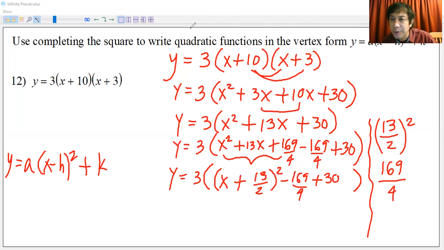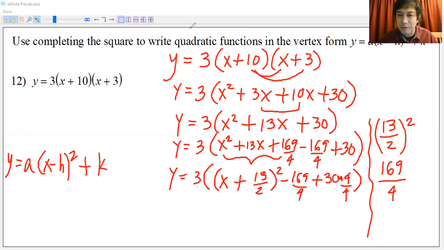We shall make the 30 a fraction. All right, so we shall multiply it by 4 over 4, so that it will have a denominator 4. Okay, that's a multiplication. So 30 times 4, that will become 120 over 4.